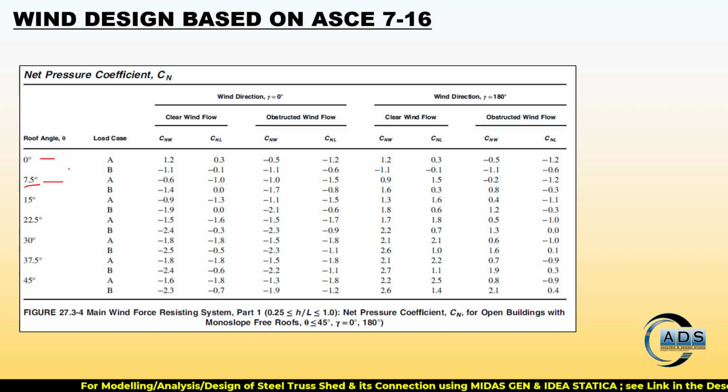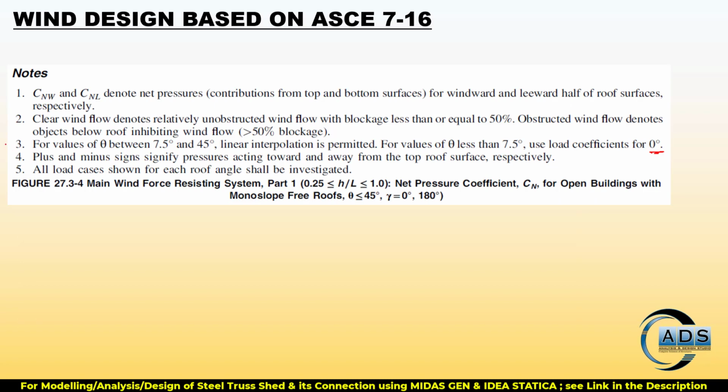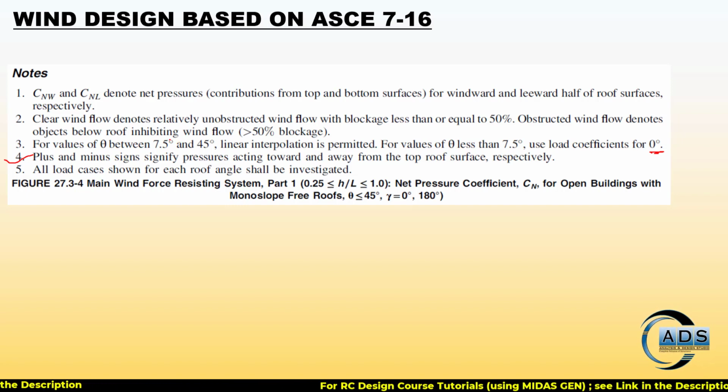Because it is written that if the theta is between 0 and 7.5, then use the value of 0. What is the fourth point? Plus and minus signs signify the pressures acting towards or away from the top surfaces respectively. All the load cases shown for each roof angle must be investigated, meaning load case A and load case B.